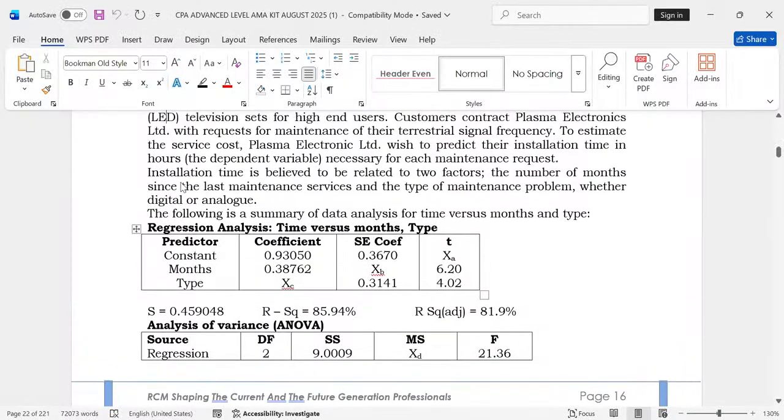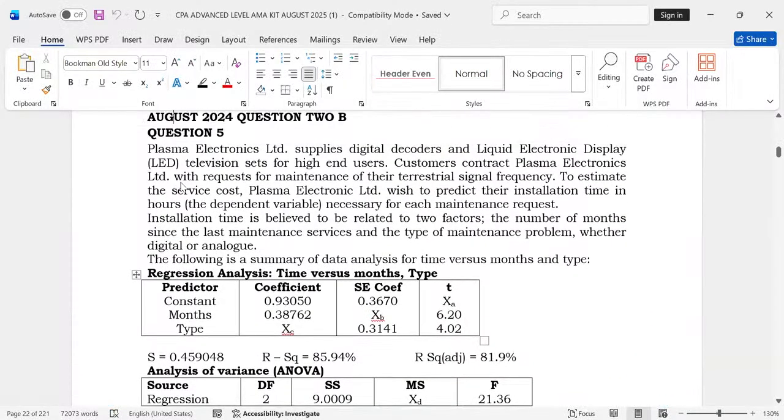Try to understand these months. Installation time is believed to be related to two factors. The number of months since the last maintenance services.